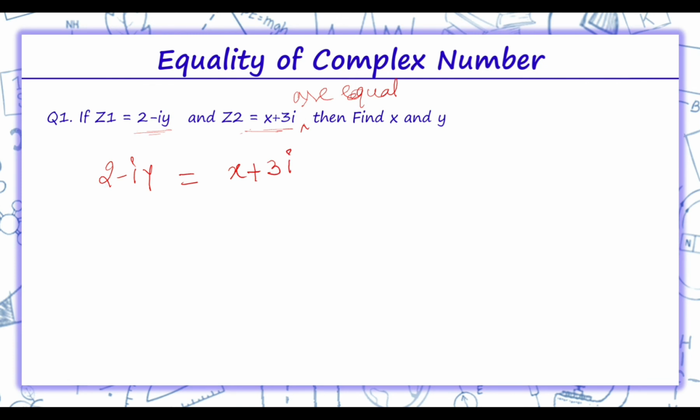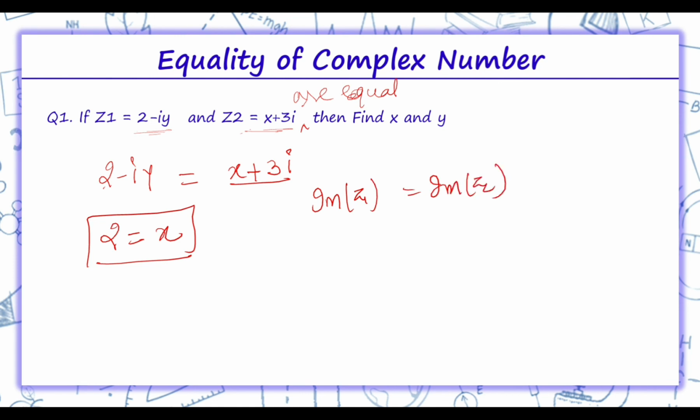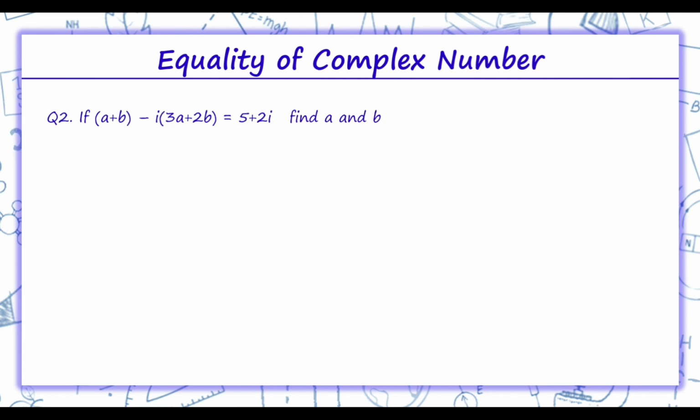The real part of z1 is 2, the real part of z2 is x, therefore x will be 2. The imaginary part of z1 is equal to the imaginary part of z2. The imaginary part of z1 is minus y, the imaginary part of z2 is 3. So y equals minus 3. This is how we can solve for the unknown values.